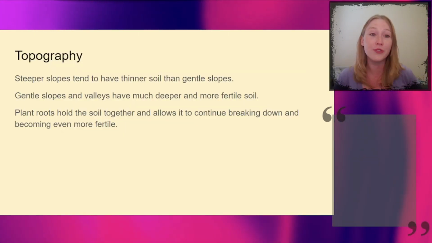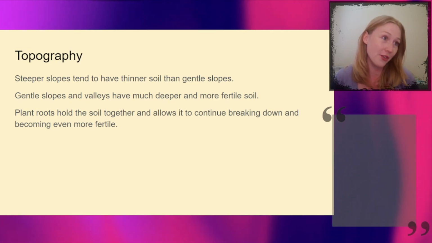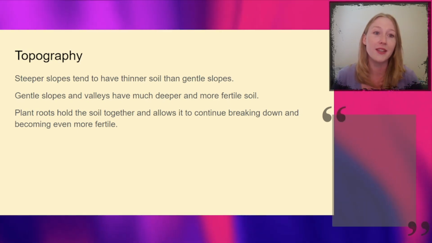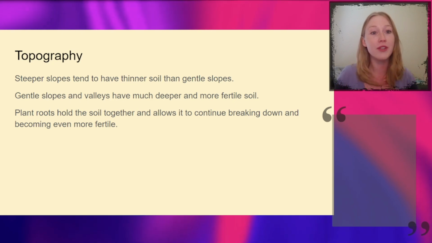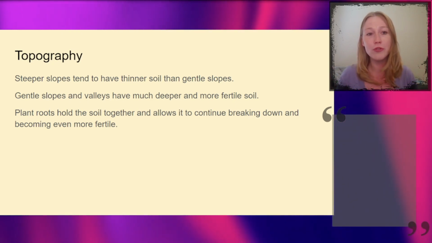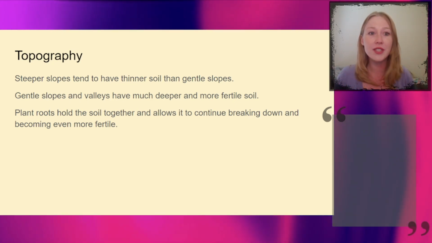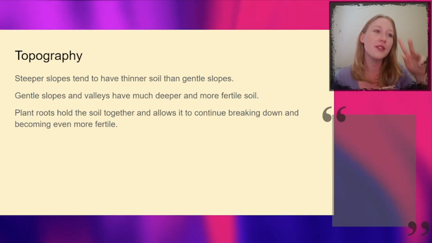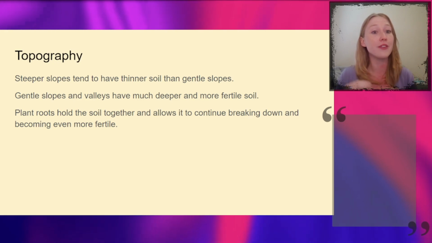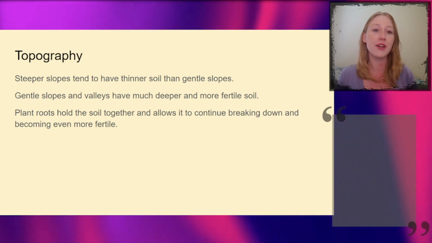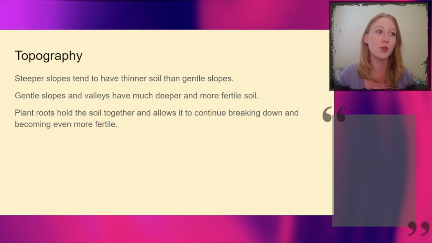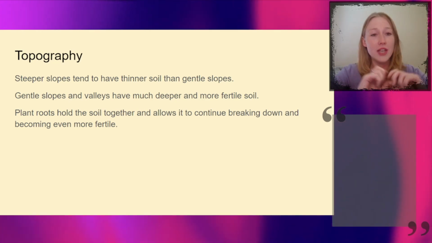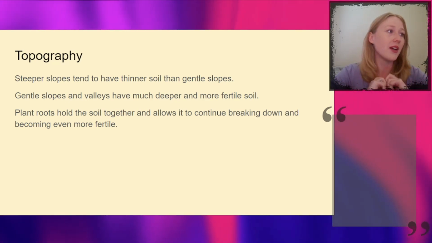Okay, topography. So topography, if you're not familiar, is basically the shape of the landscape, how steep or gentle or how mountainous or hilly or flat an area is. So a steep slope tends to have thinner soil, and very flat, gentle slopes or the bottom of valleys tend to have a thicker layer of soil.